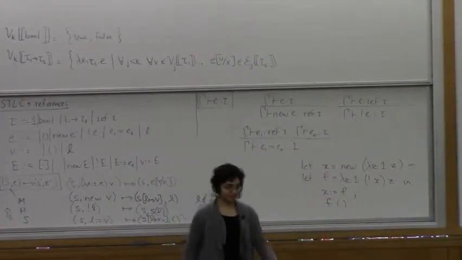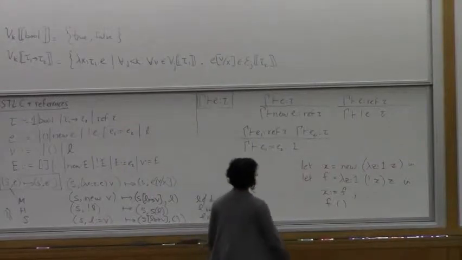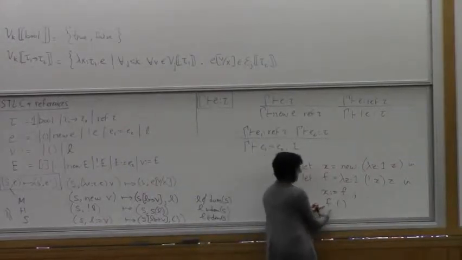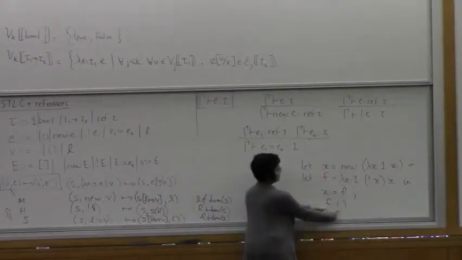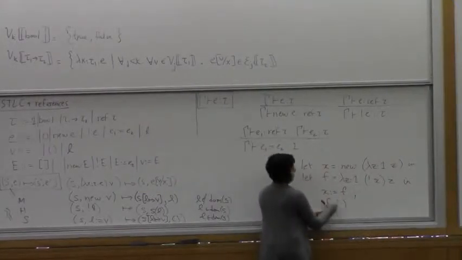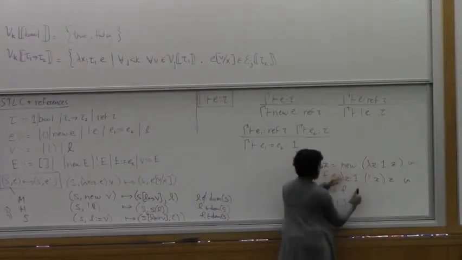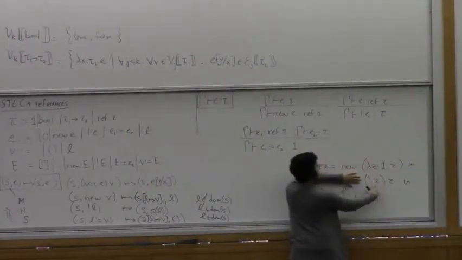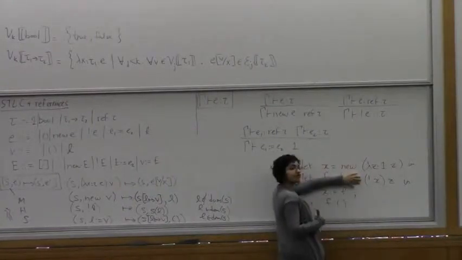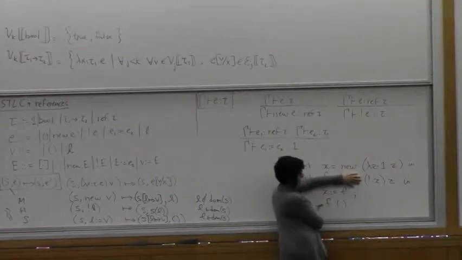What does this code do when we run it? We have a cell x that contains f, so we call f with unit. We jump over here, we call f with unit, so this disappears and we evaluate this body. We go and fetch the function that is now stored in x. And what's the function that's now stored in x?